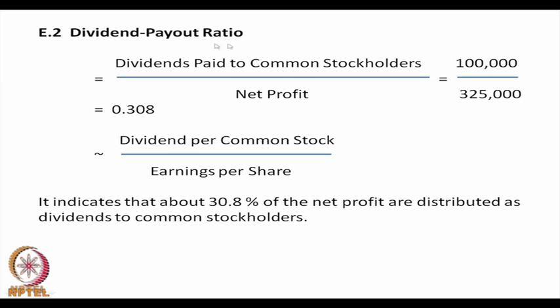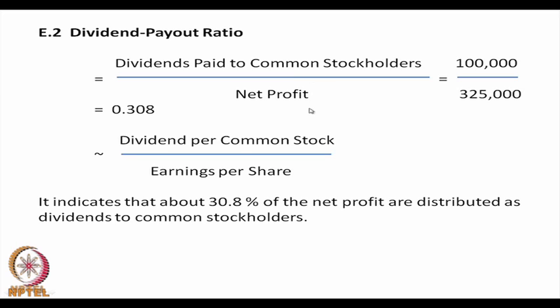Next, dividend payout ratio. This is the dividends paid to common stockholders divided by net profit. In this case, it is 100,000 divided by 325,000, that comes to 0.308, and this is also approximately equal to dividend per common stock divided by earnings per share.